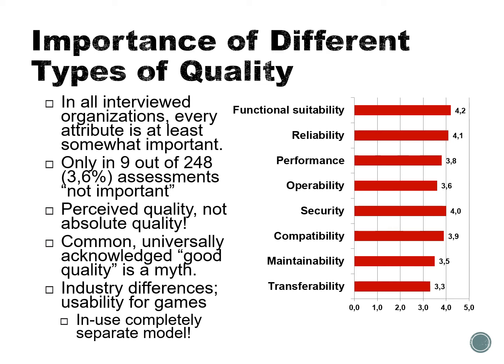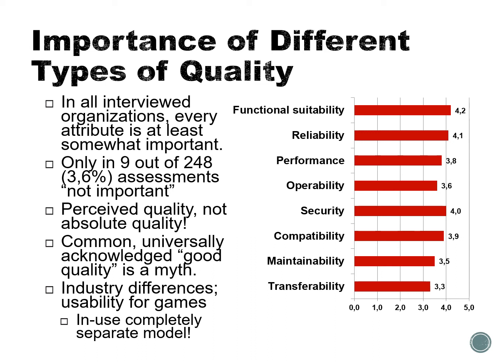Also, because it's perceived quality and there is no absolute quality, you might consider that something like transferability isn't really that important. So you are working on one platform, you are providing your services for one system or two platforms, which are the Apple system and the Android system.